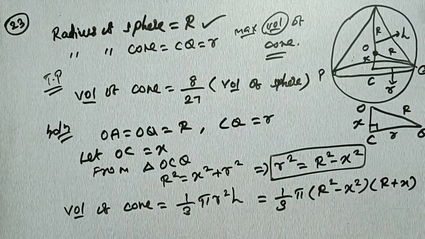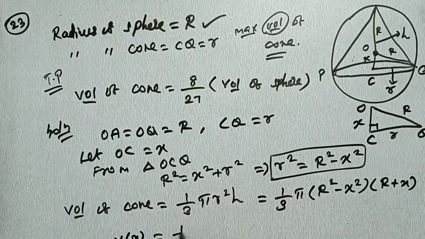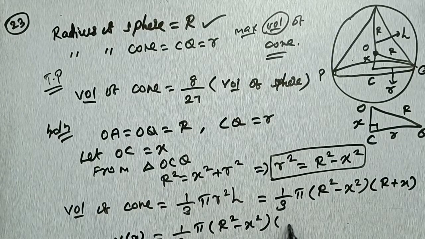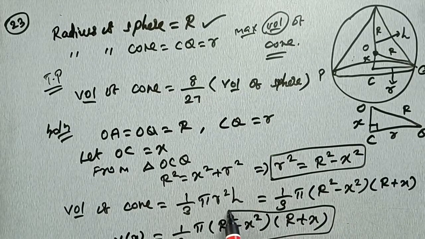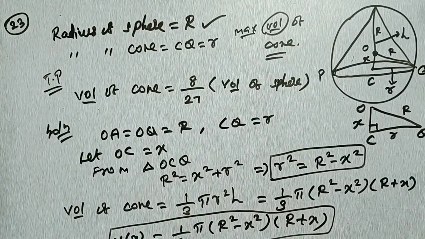Now I have written the whole volume in terms of x. So V of x equal to pi by 3 into capital R square minus x square, then capital R plus x. Next I am going to multiply these two and make it a single expression, then I will find the critical points of this function V of x.